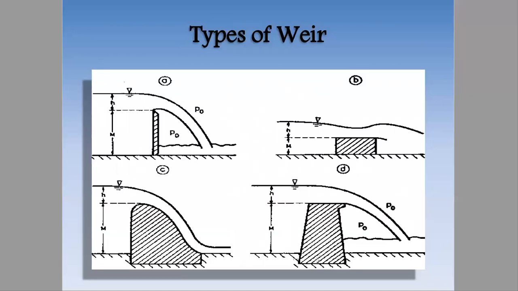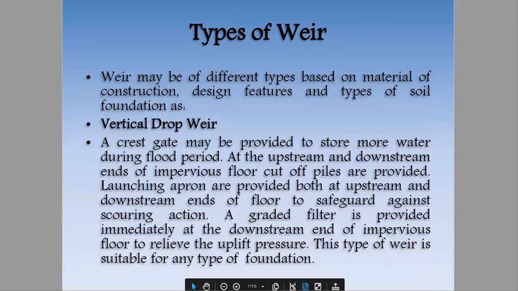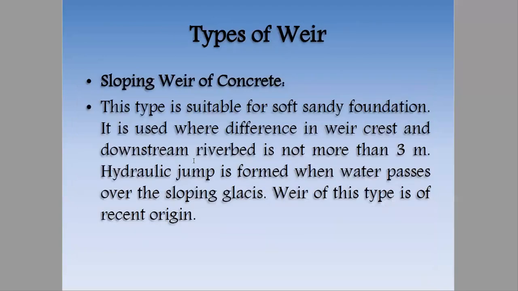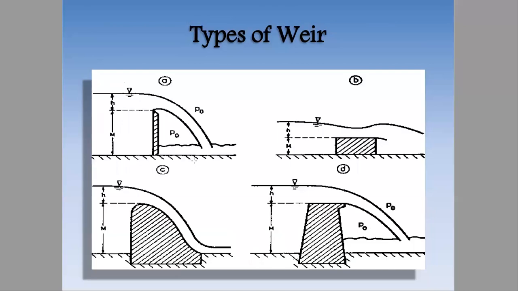These are the examples of weirs depending upon the flow. The first example is of a vertical drop weir. We'll see each of them in detail in coming slides.